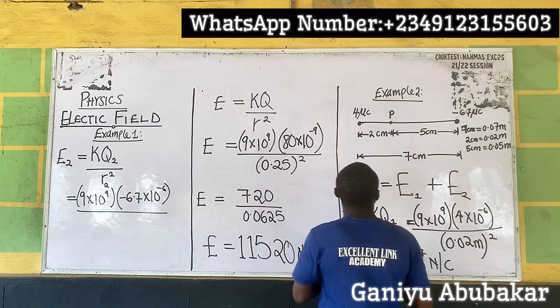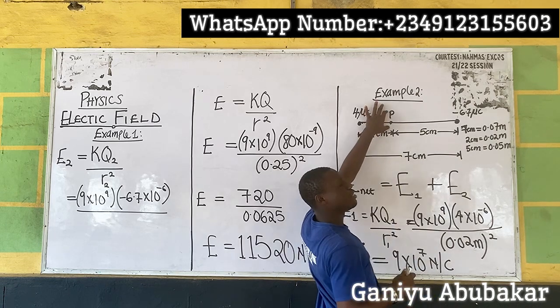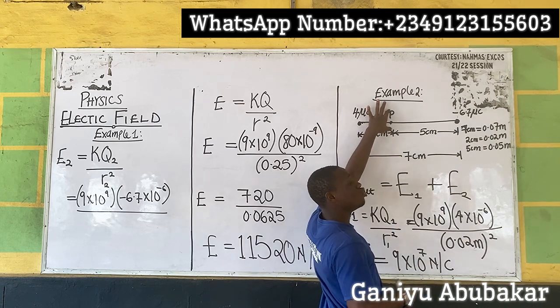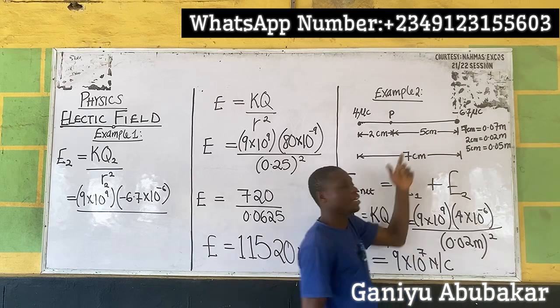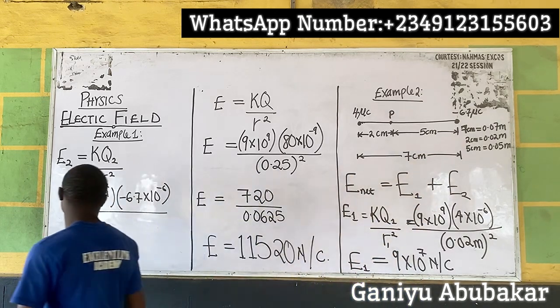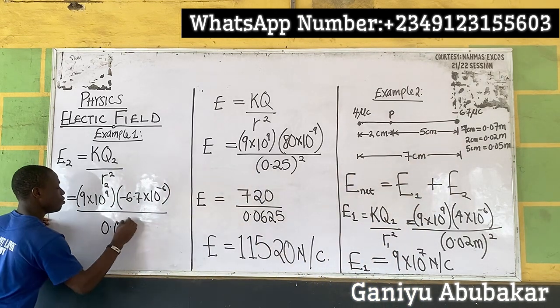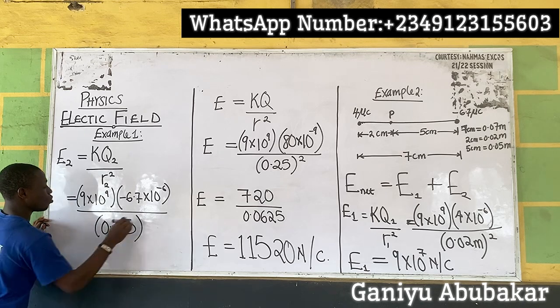That is the distance from point Q to charge Q2, which gives you 5 cm, and that's 0.05, all squared.